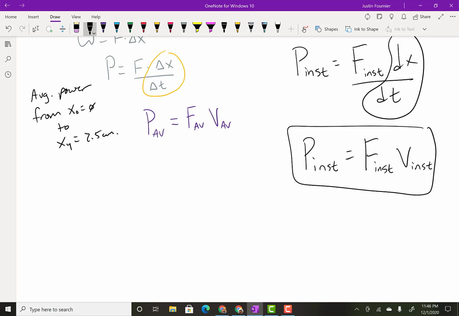And so you've got these two different ways of looking at it. If I'm looking for the average power, I could take the average force multiplied by the average velocity, and that would give me the average power. Or if I want the instantaneous power at any moment, I would need to find the instantaneous force and multiply it by the instantaneous velocity.